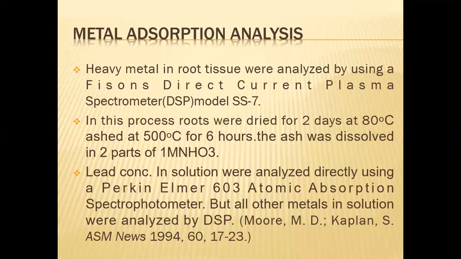Lead concentration in solution was analyzed directly using a Perkin Elmer 603 atomic absorption spectrophotometer, but all other metals in solution were analyzed by DCP, meaning direct current plasma spectrometer.